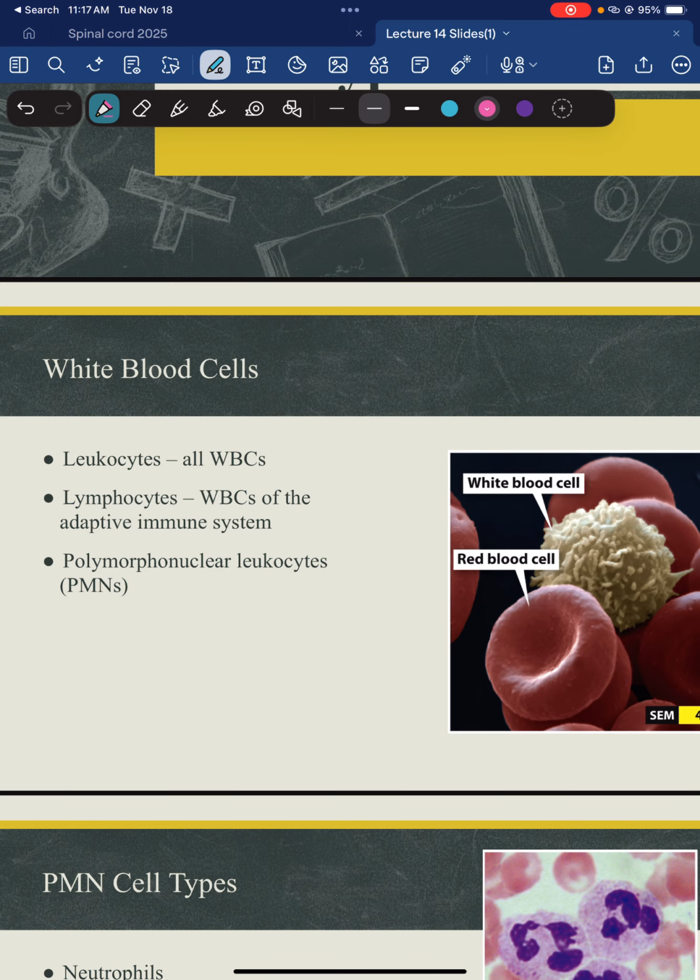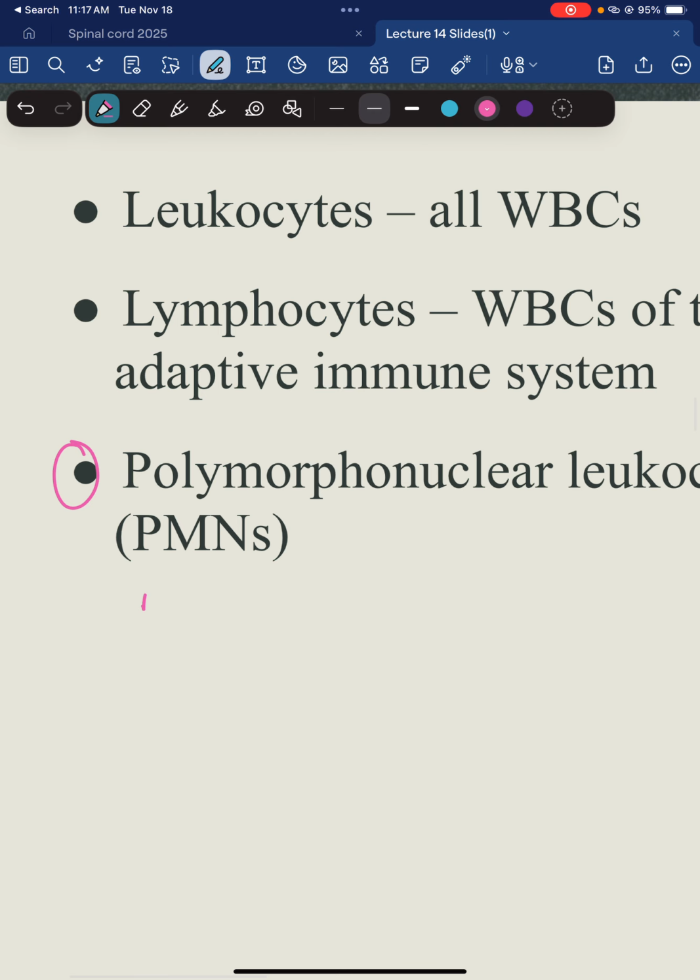And we often classify, at least the ones that we're about to talk about, as polymorphonuclear leukocytes. That is a super long name that essentially just means many shapes, nuclei. Oftentimes it's called PMN cells for short.